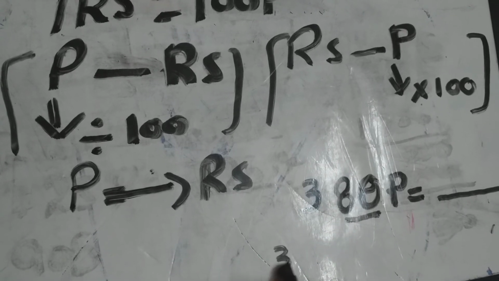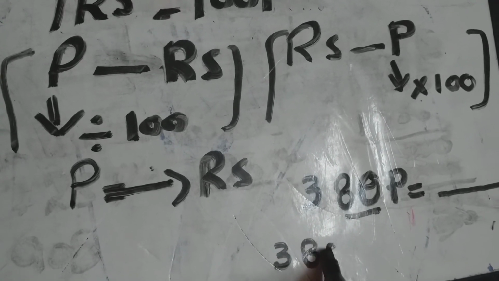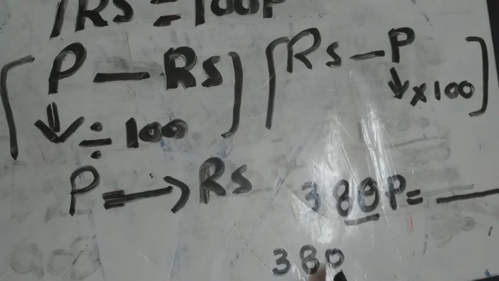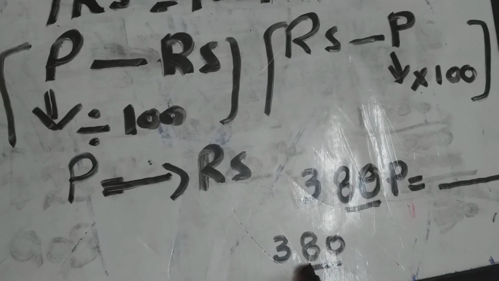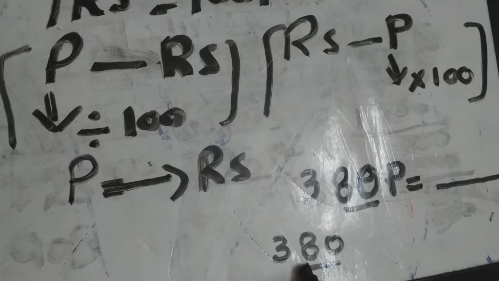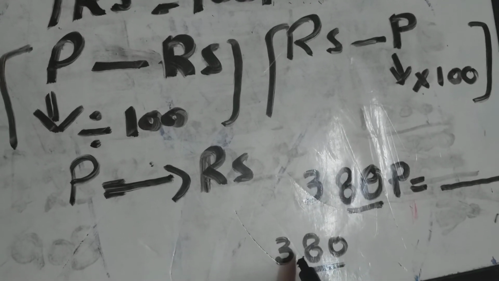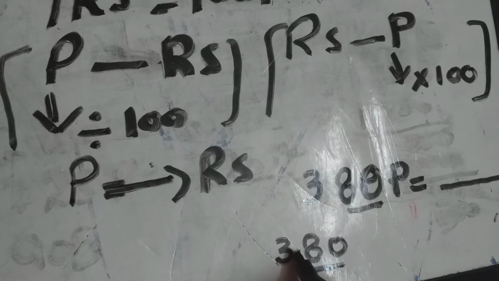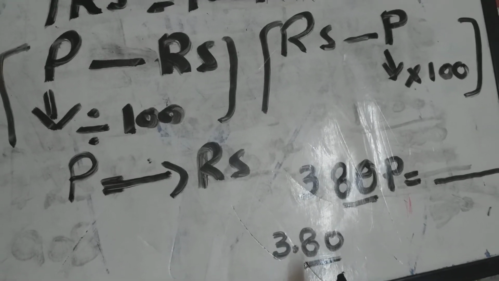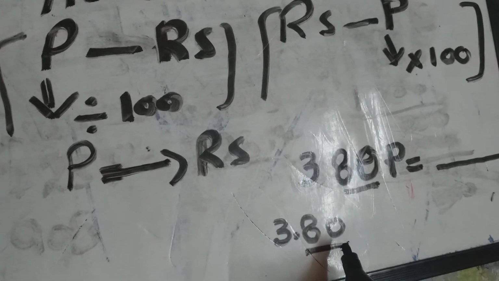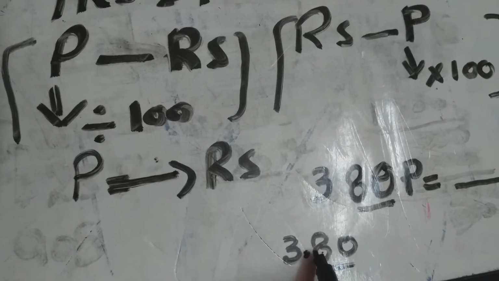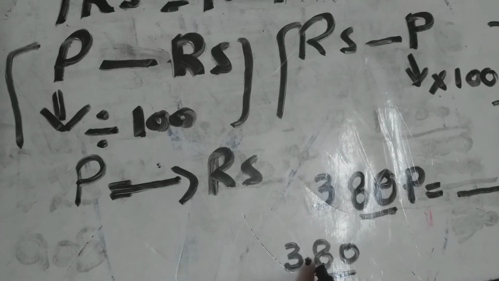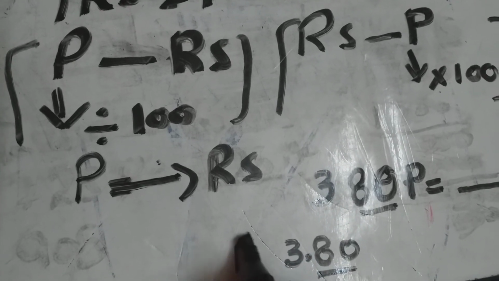Suppose we have some paisa and we want to convert it into rupees. First of all we count two digits from the right side and put a point after these two digits, like here. And we also write rupees in the beginning.